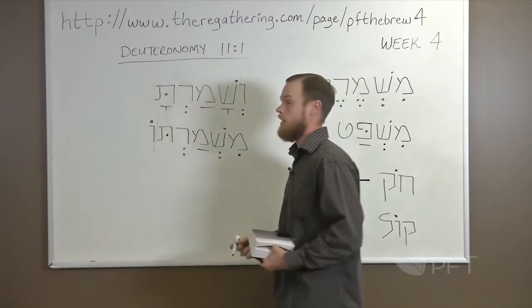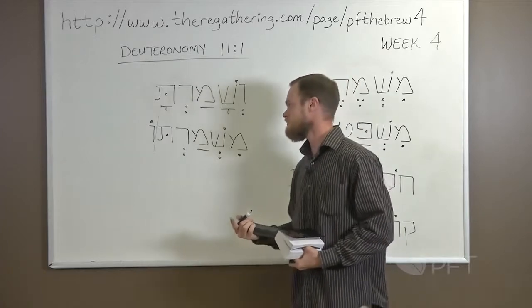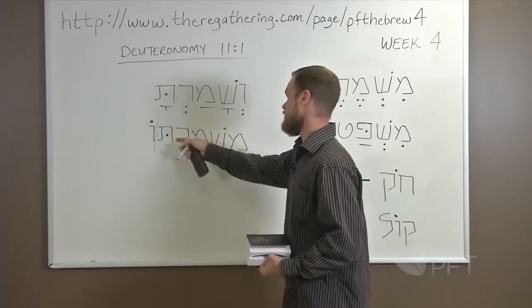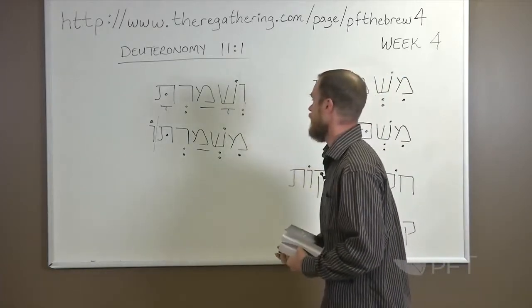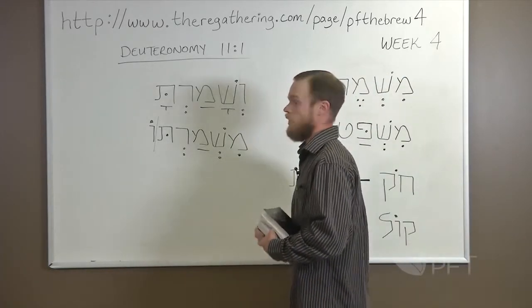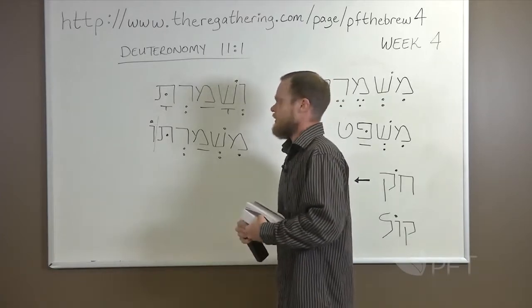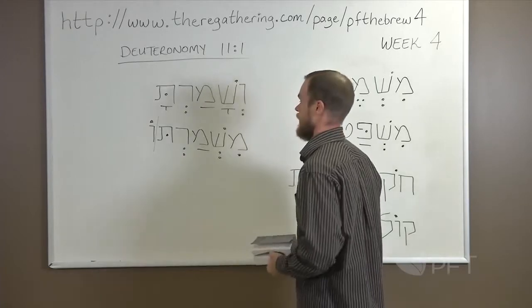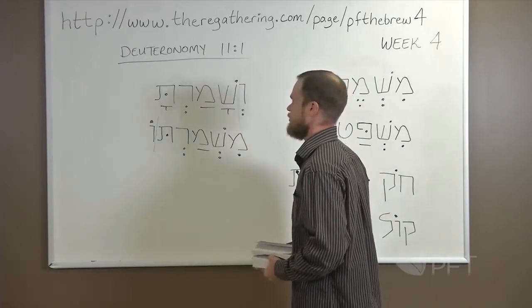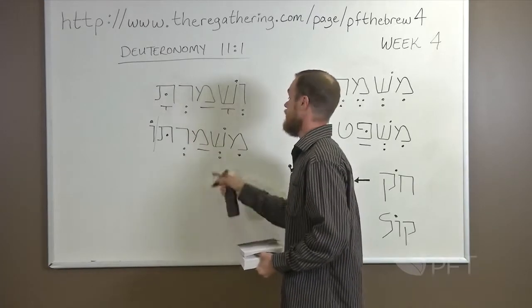All right, that is our pronominal suffix. That means he or his. The rest of this is mishmeret. Okay. So you shall keep his watch, or sometimes this is translated as charge, because it's something you have charge of, okay, something you are assigned to protect. So you shall keep, or you will keep his charge.